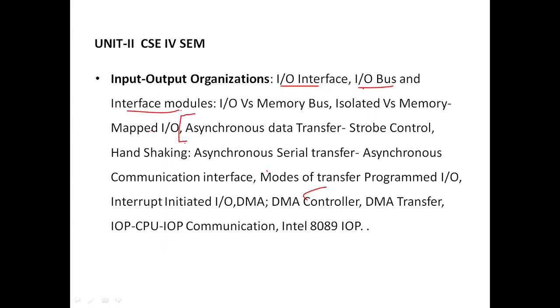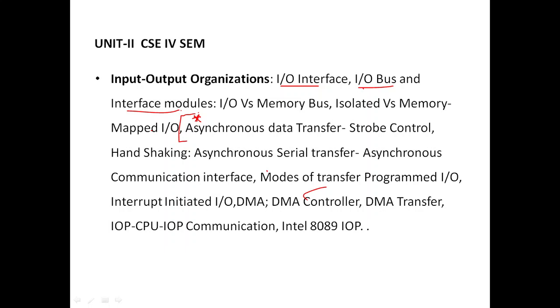From here, asynchronous data transfer. This is an important question. In the previous question paper also it has been given how we are going to transfer the data. We can transfer the data synchronously and asynchronously. Asynchronous data transfer in the sense, in our computer a clock pulse, a timer will be there.